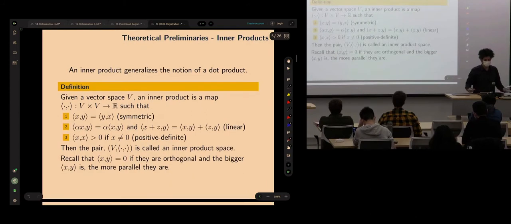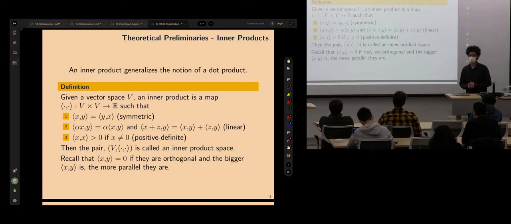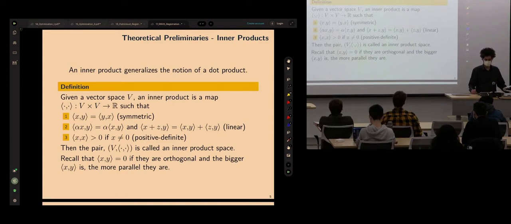Another preliminary that we need is the concept of inner product space. The inner product is the generalization of dot product. A vector space, V, can be equipped with an inner product structure such that the properties of that inner product are that it's symmetric.